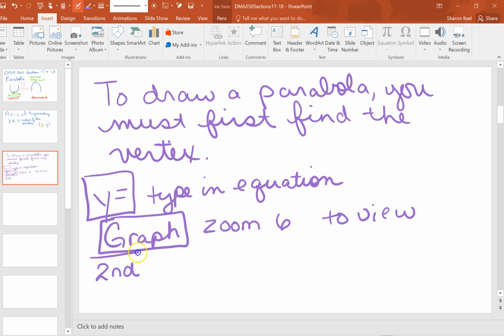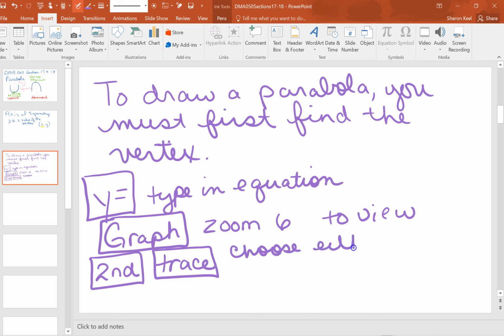We are then going to do the keystrokes second, trace, and you're going to choose either maximum or minimum. It's numbers 3 or 4. Choose either max or minimum.